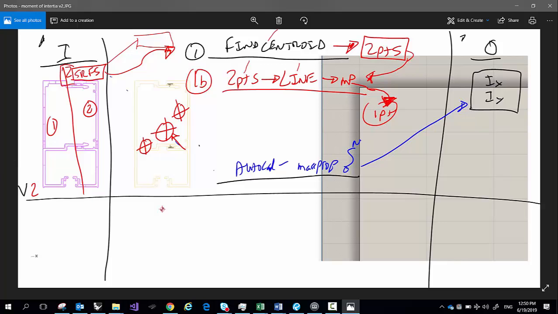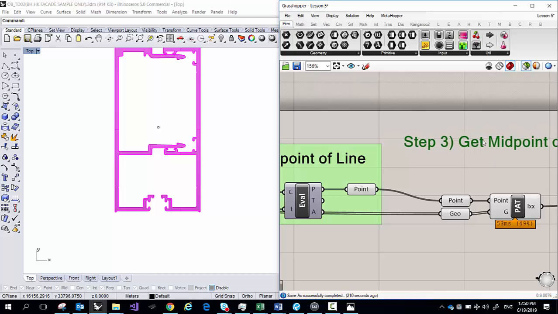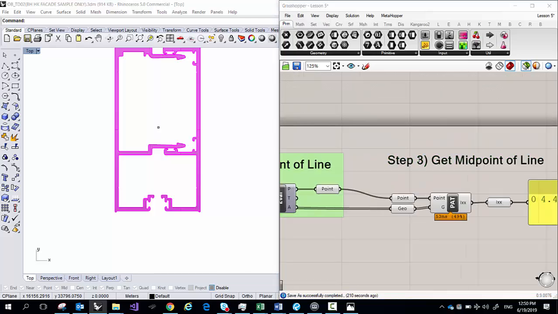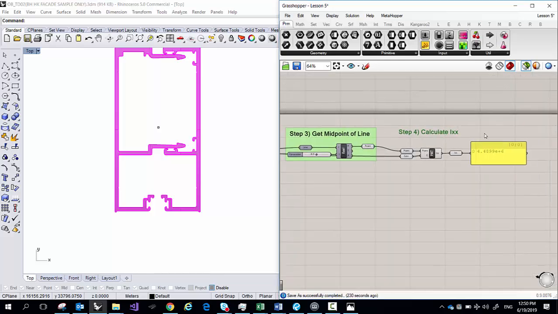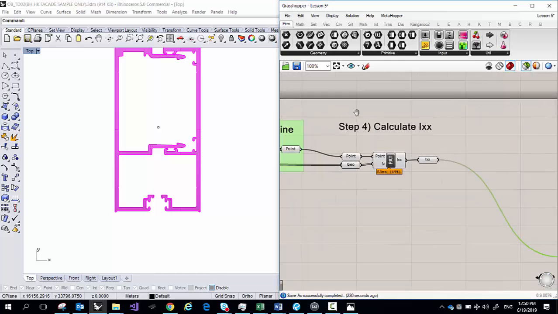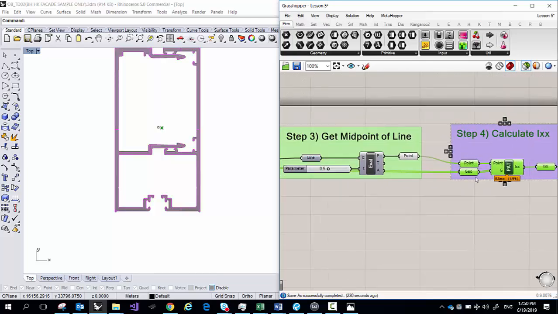So we basically covered everything that we wanted to do. This is the last step in that. So this is step 4, and then you say calculate IXX. We can get one for IYY later, but for now let's just keep it IXX for simplicity's sake. So that's the final bit there.